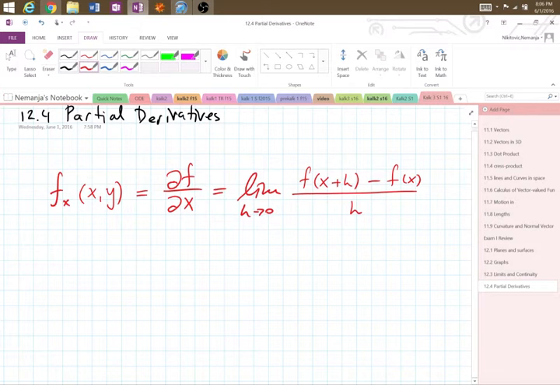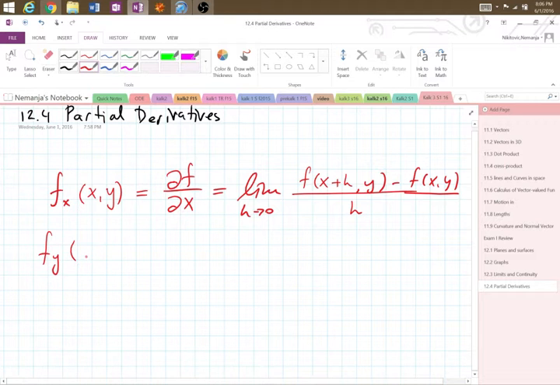Now, what's happening with y? Well, I forgot about y, so I have to add the y. There's a y there, minus f of xy. But you see that this y will not impact at all because there is no change in y. Fy, same.